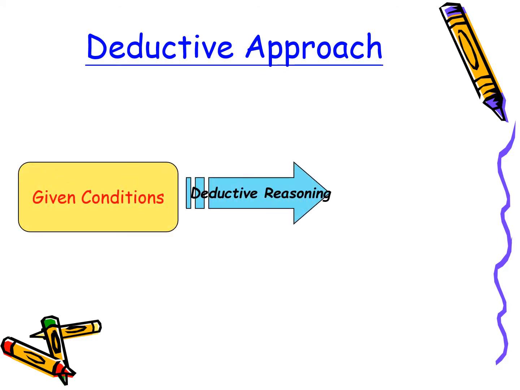In mathematics, we call an approach a deductive approach. This is an approach we try to link conditions with conclusions. If you are given some conditions, then by some logical and deductive reasoning, you draw a valid conclusion. This process, we call this deductive approach, 演繹法.